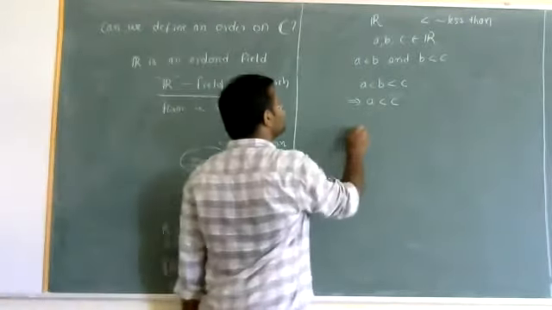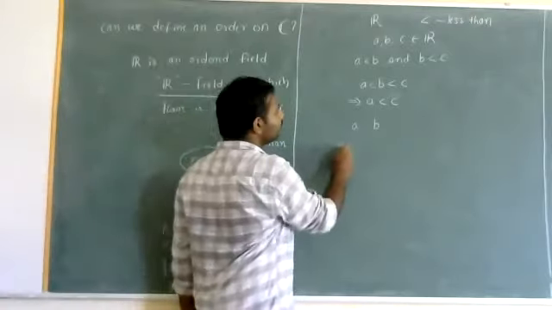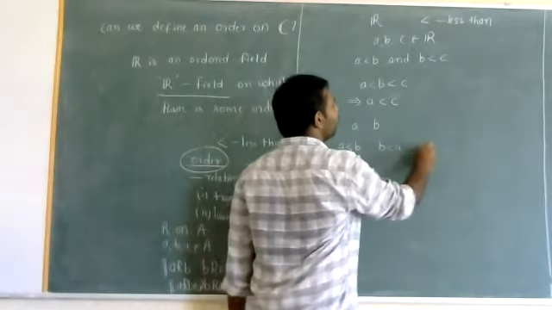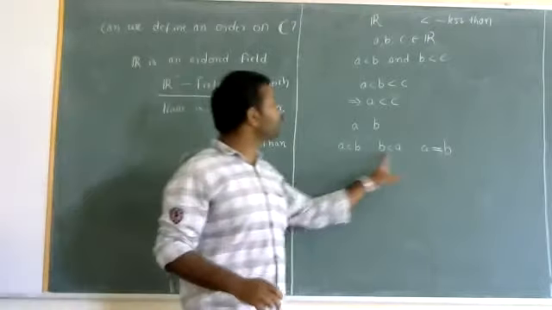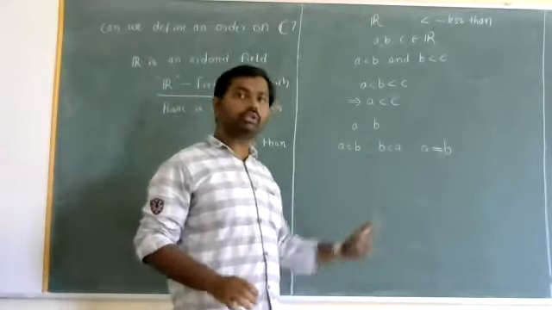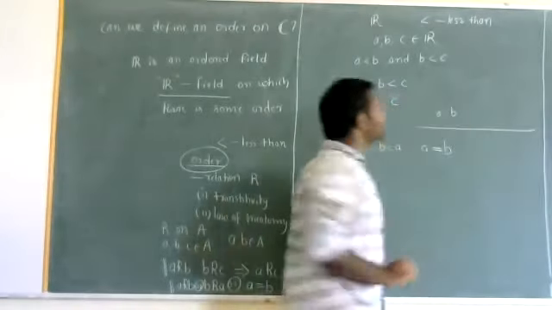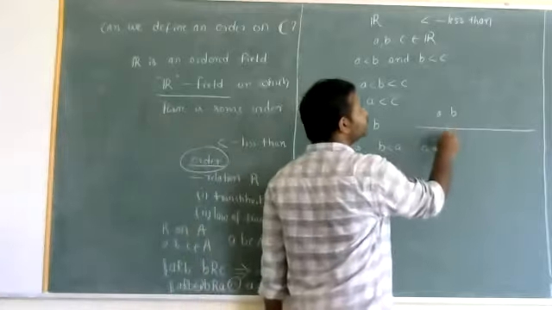And for the law of trichotomy, given any two real numbers, either A is less than B, or B is less than A, or A is equal to B. Any one of these three should hold, because given any two real numbers, we can mark them on the number line, whichever comes first.